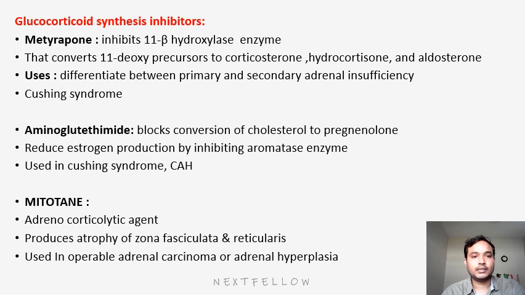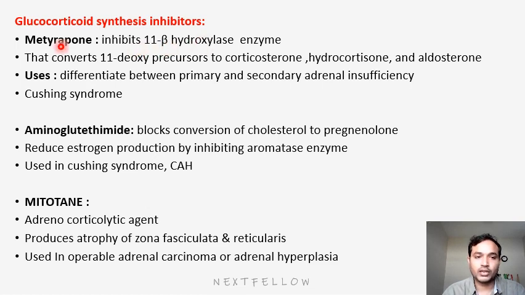Next group will be glucocorticoid synthesis inhibitors. Here, remembering the names of the drugs is enough. They won't stress much. The first drug will be metyrapone. It will inhibit the 11 beta hydroxylase enzyme. You have to remember the enzymes which they are inhibiting. That's enough.